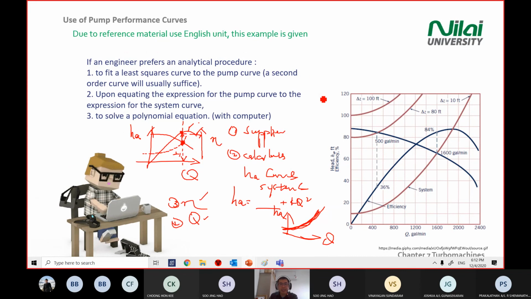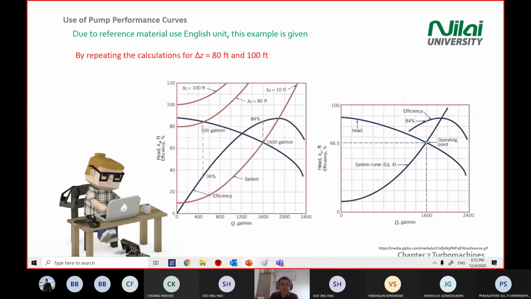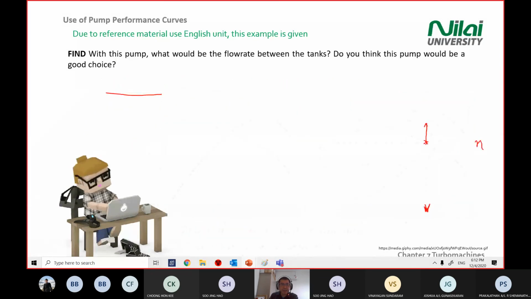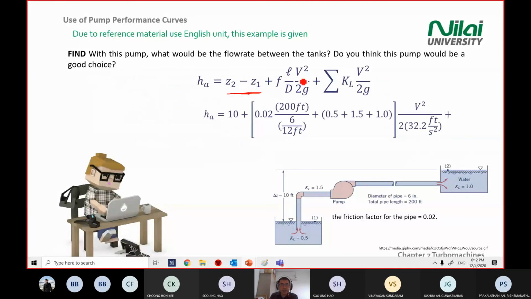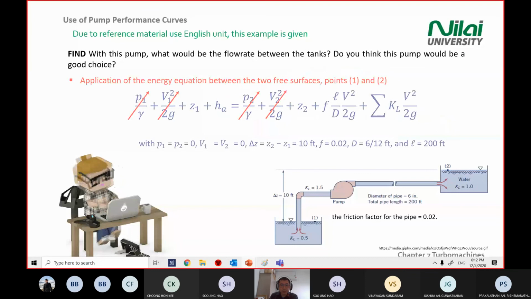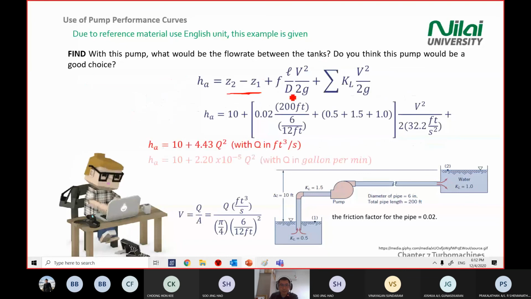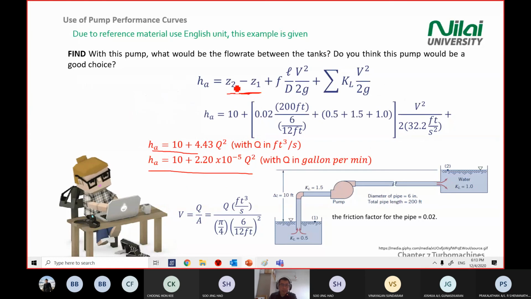Normally, how do you get the best curve? You go back to this equation. Normally, we try to reduce the system losses, and we try to reduce the friction, and reduce the minor loss KL value.